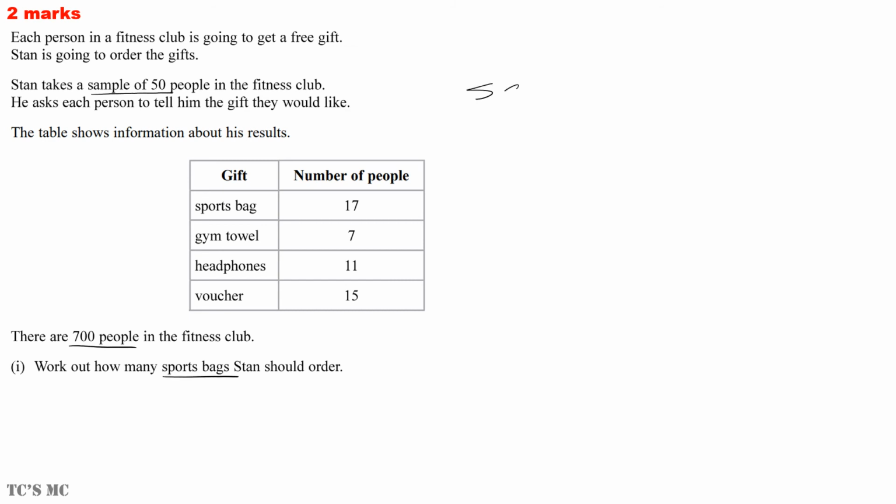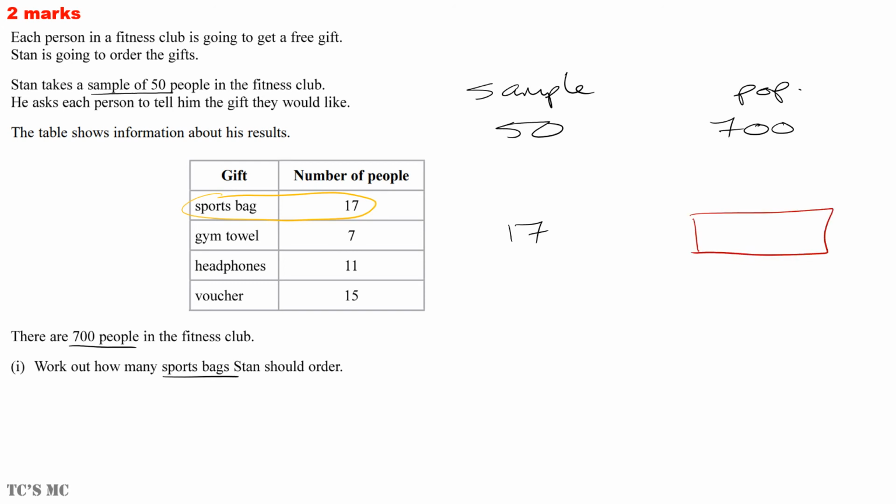We are working with sample and population. The sample has 50 people, the population has 700 people. We just need to worry about the sports bag. 17 people chose sports bag. We can now use this to work out how many from the 700 people would want a sports bag.